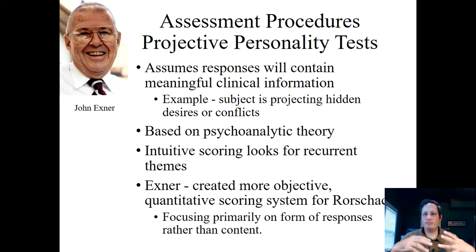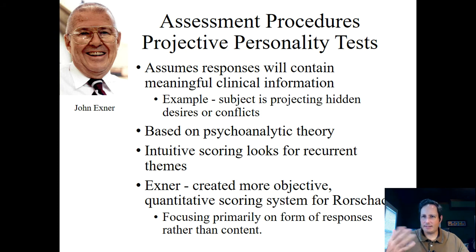It assumes that the responses are going to contain some sort of clinical information, the hidden desires or conflicts that come out, almost like what we talk about with Freud and his technique of projection, free association that we talked about earlier in our treatment chapter, where you just talk about general things.